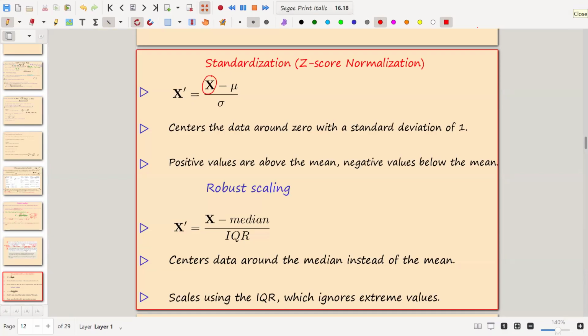This is how we standardize using z-score normalization. You see how far it lies from the mean, and you standardize by dividing by the standard deviation sigma. So it centers around 0, with a standard deviation of 1.